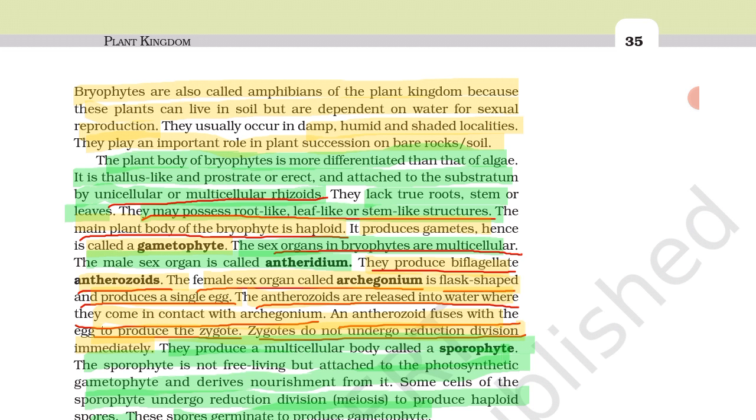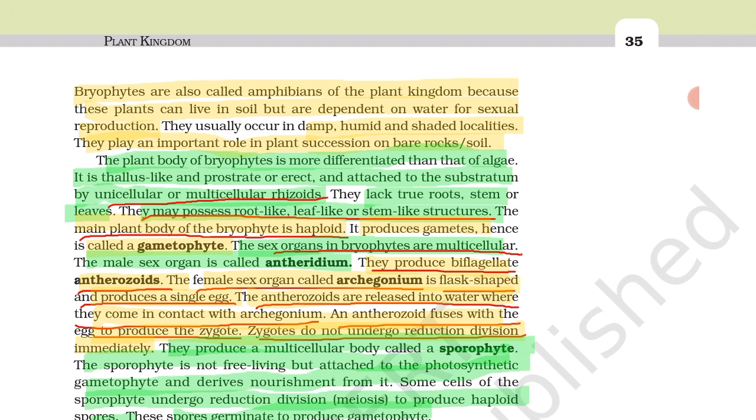Then the male sex organ is called the antheridium. They produce biflagellate antherozoids. The female sex organ is the archegonium, which is flask shaped and produces a single egg.